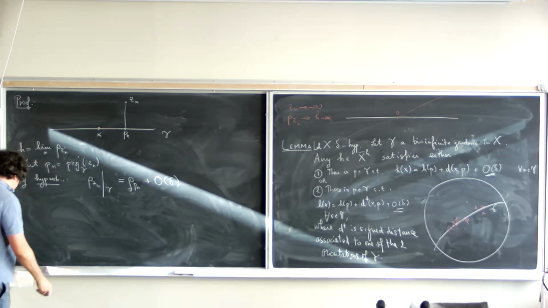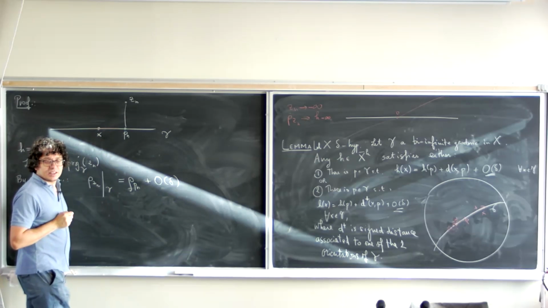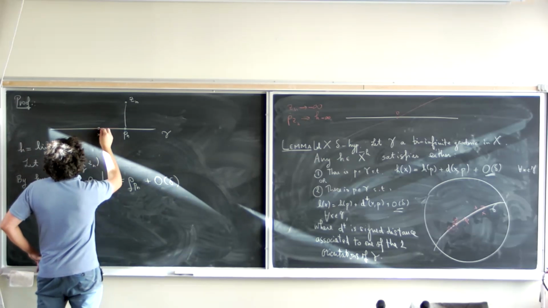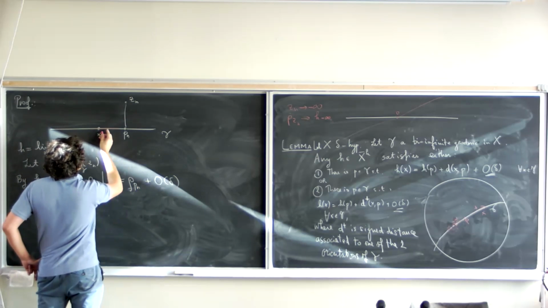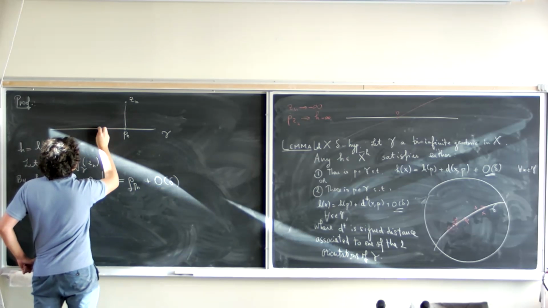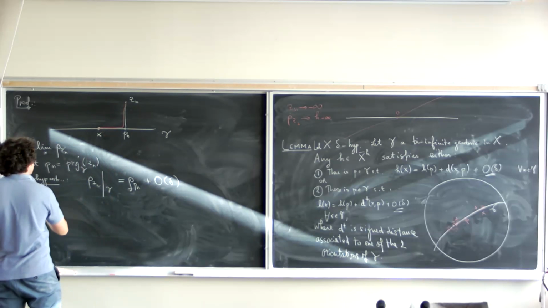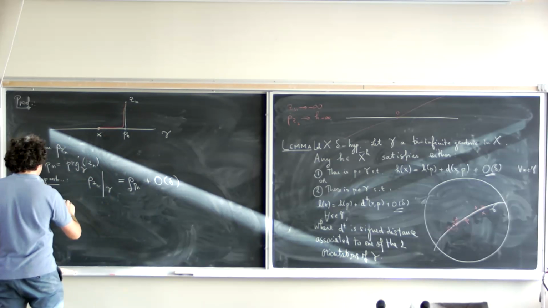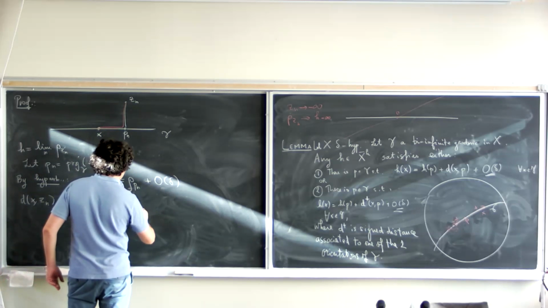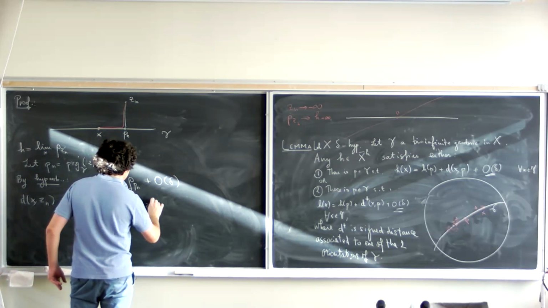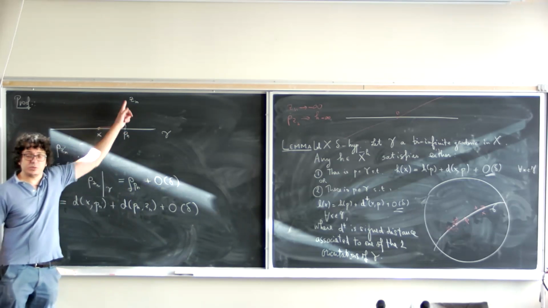It's because you have this sort of reverse triangle inequality. You take a point X, and whenever you want to study the distance from X to Zn, since this is the closest point projection and the space is hyperbolic, the distance between X and Zn is the distance between X and Pn plus the distance between Pn and Zn plus O of delta. This is where the thin triangle comes into play.